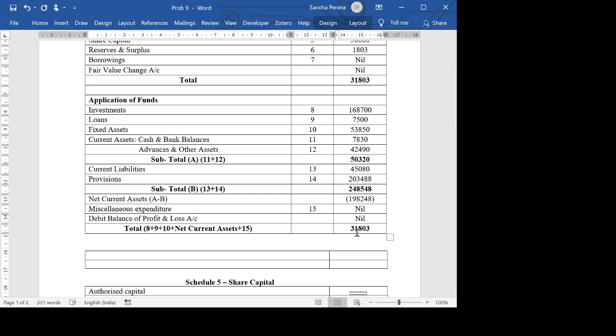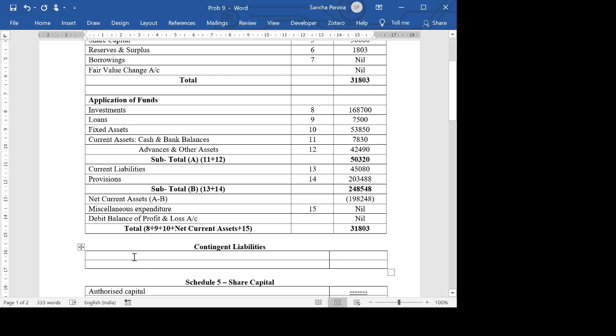Is that clear? We also have a note for contingent liabilities. There's no schedule number here. It's just a note, which is the last adjustment given to us.